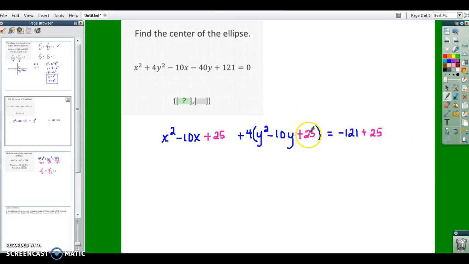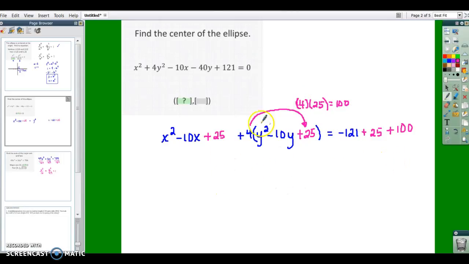But be careful here, because this isn't just 25. If I redistribute the 4, it would be 4 times 25, or 100. So I would have to add 100 to this side, because when I distribute, 4 times 25, oops, 4 times 25 gives me that.